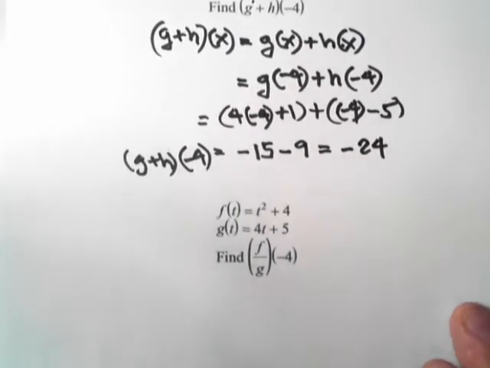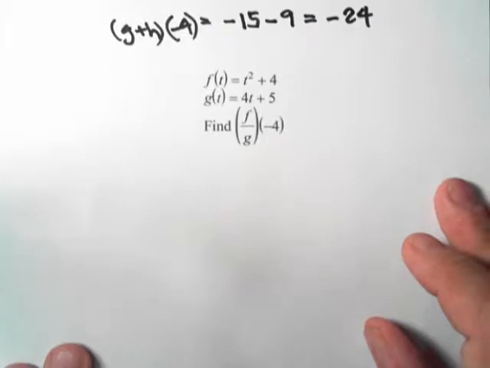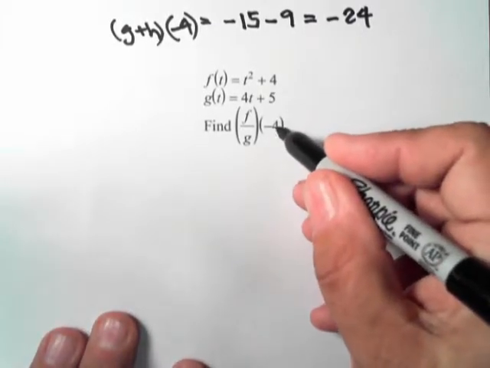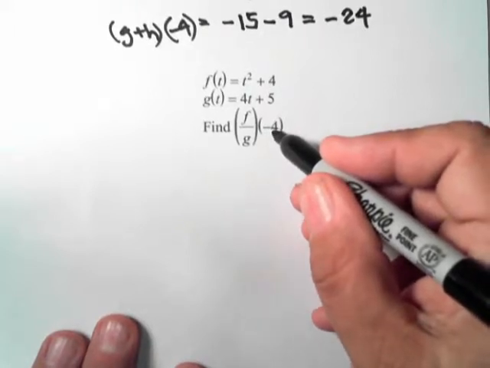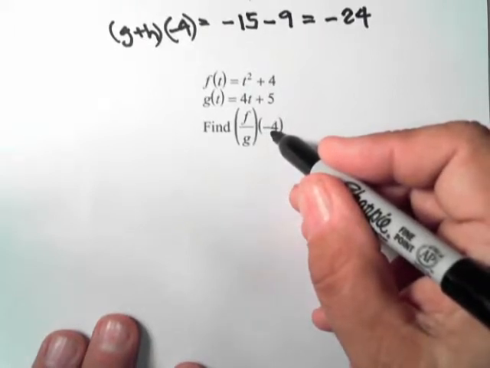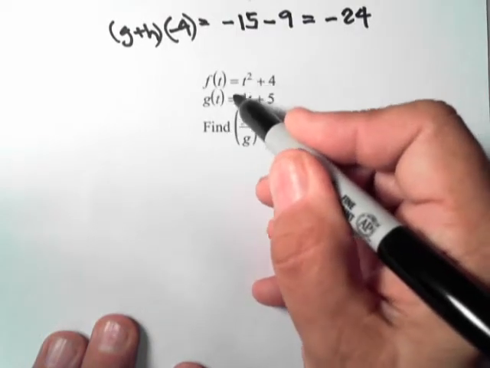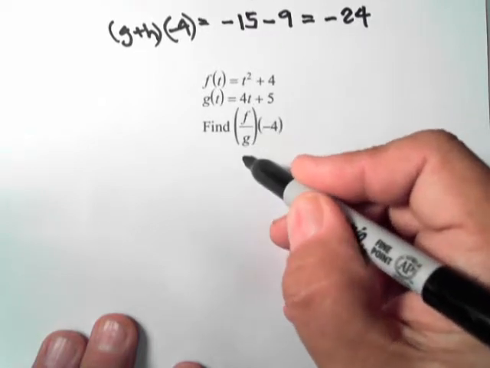Okay. Well, one last example to look at here. Again, we're plugging in a number here, so we'll be able to come up with a numeric answer just like we got in the last problem. The f function and the g function are both defined for us, so we can use them here.